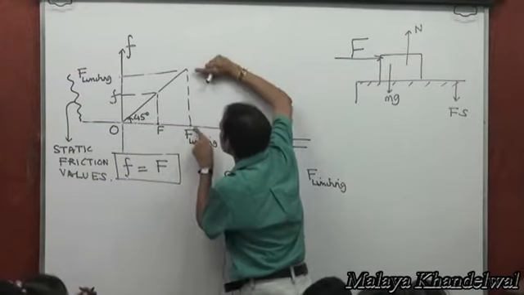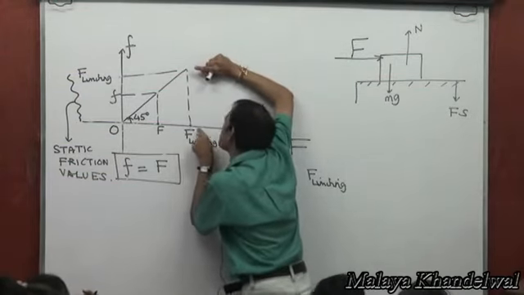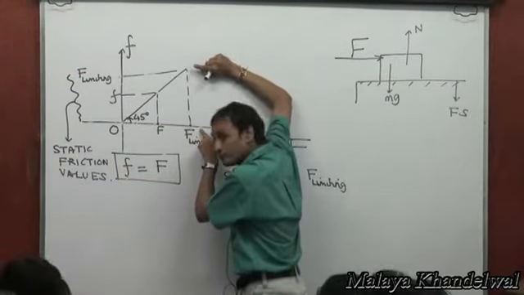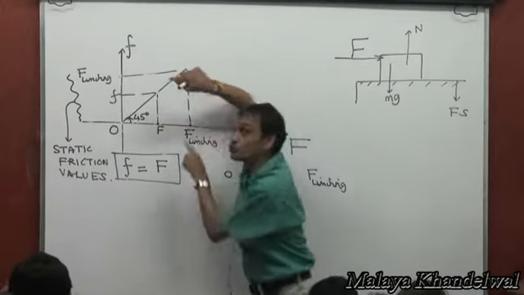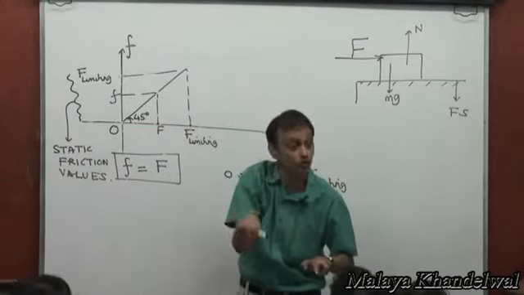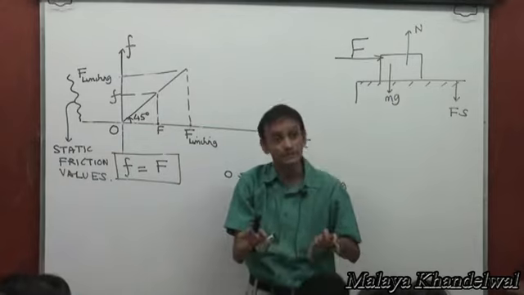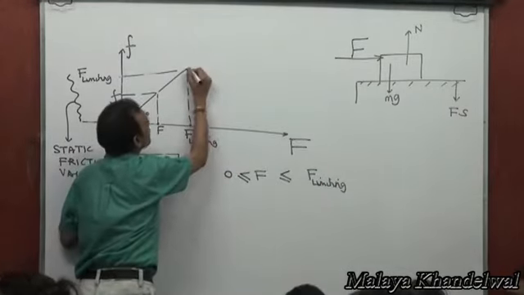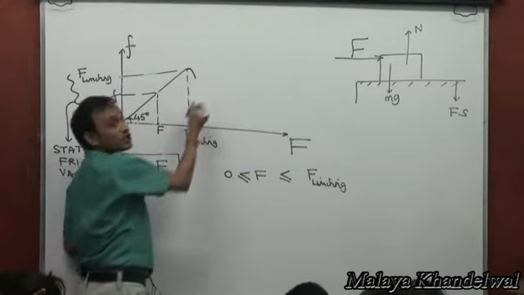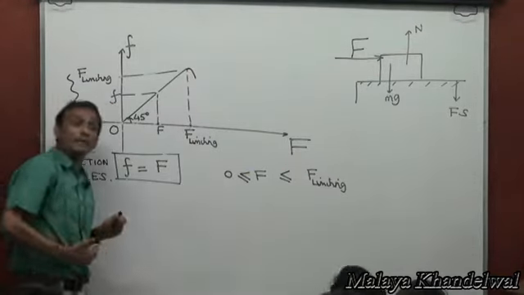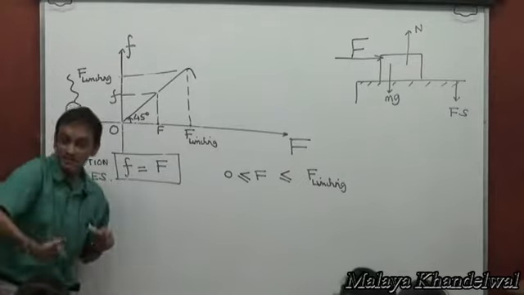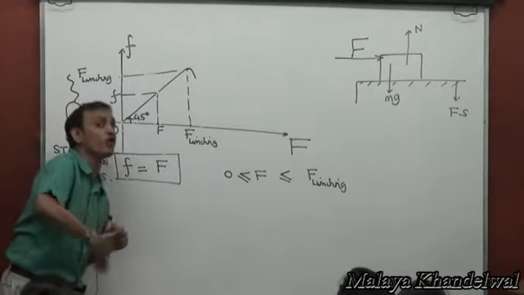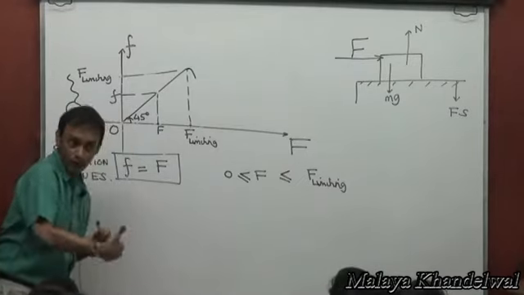But the moment the externally applied force increases beyond this value, the pins will break down and the frictional force will decrease. Just slightly beyond F limiting, the frictional force decreases, and by this time relative motion between the body and the surface would have already commenced.